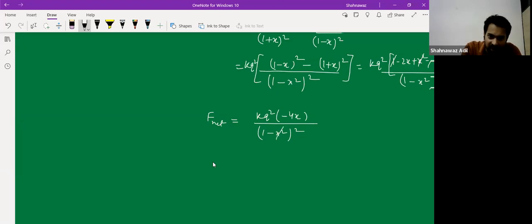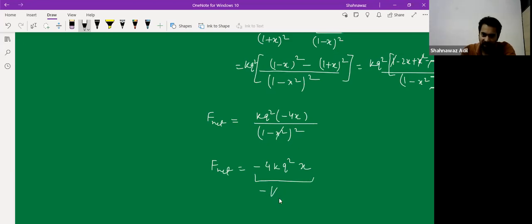So then your F net is how much? This is minus 4kq squared x, right? Is this looking like minus kx? Let's say kx, so this is looking like minus kx.